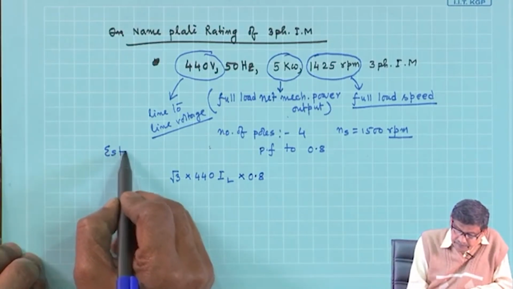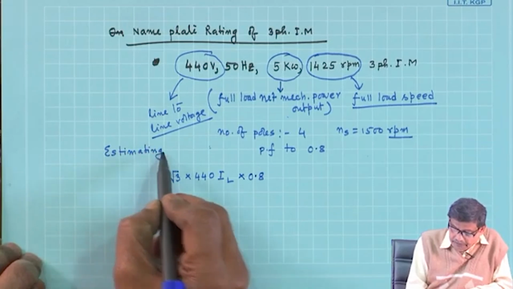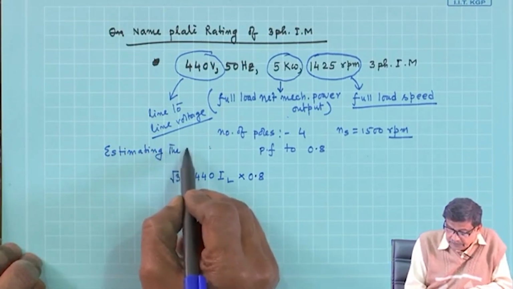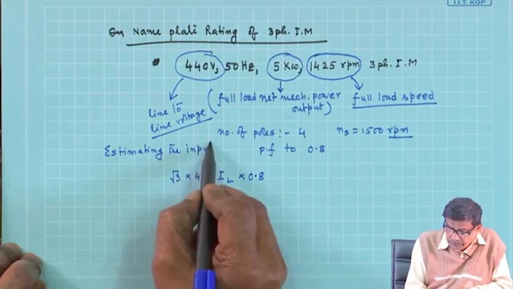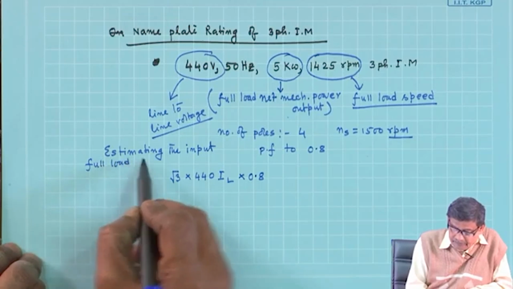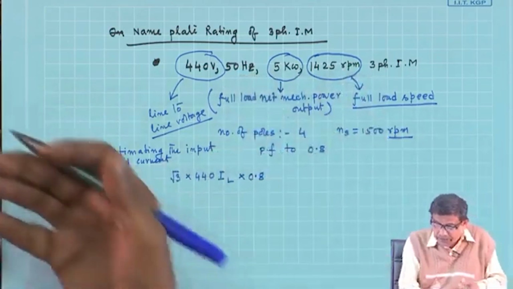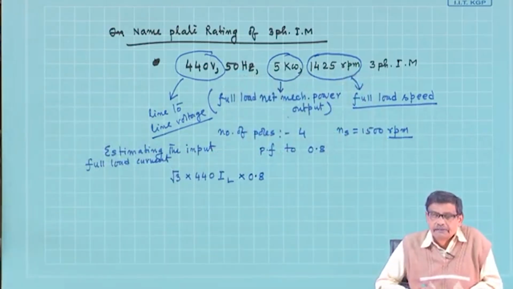What I am discussing now is estimating the input full load current, that is, if the machine is operating under full load, what current it is really drawing.